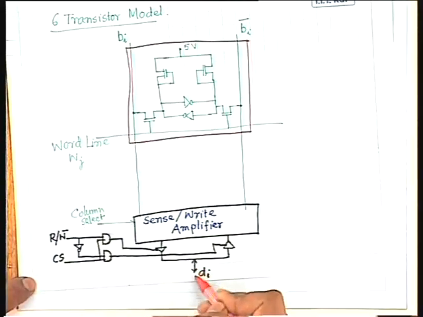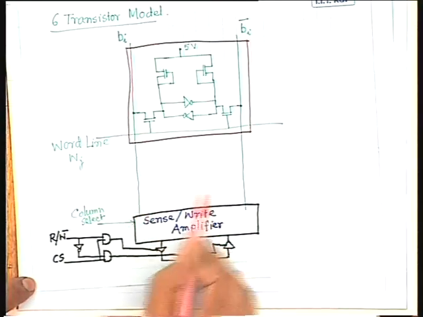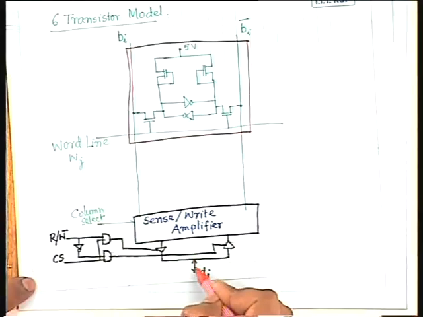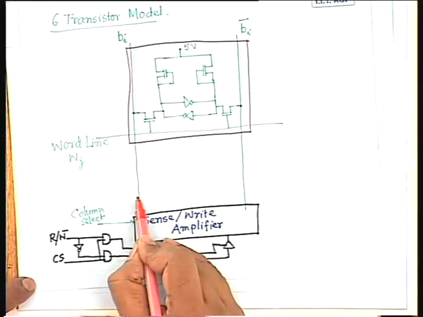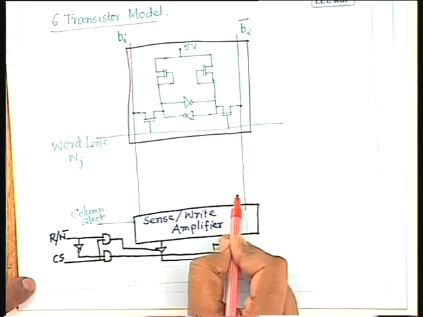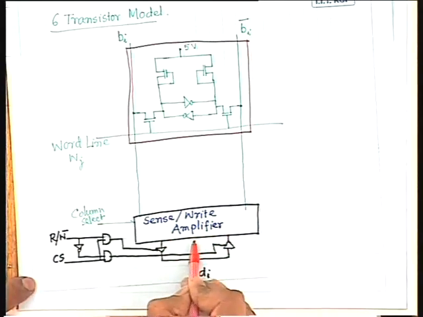At the input, you are giving only a single bit, either 0 or 1. So that bit has to be converted to a complement pair. If I give an input 1, that has to be converted to 1 and 0: the BI line has to be 1 and the BI complement line has to be 0. So which is to be done by this unit? This is actually the sense write amplifier.